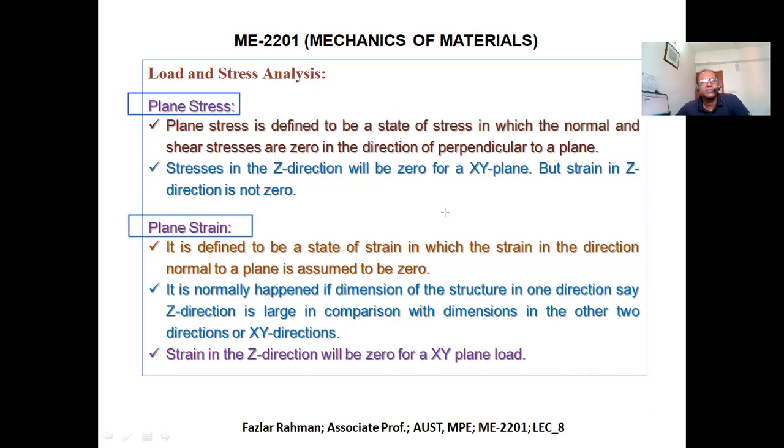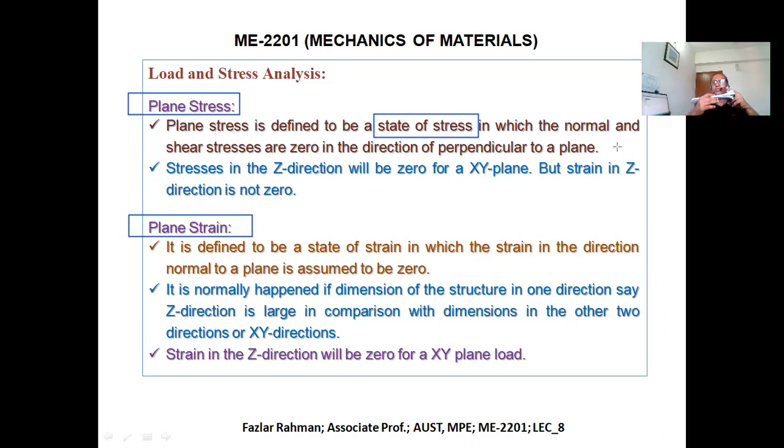So plane stress. Plane stress is defined to be a state of stress in which the normal and shear stress are zero in the direction perpendicular to a plane. For example, this is a notebook, right? You think this is a metal plate. I can pull along this direction, or along this direction.